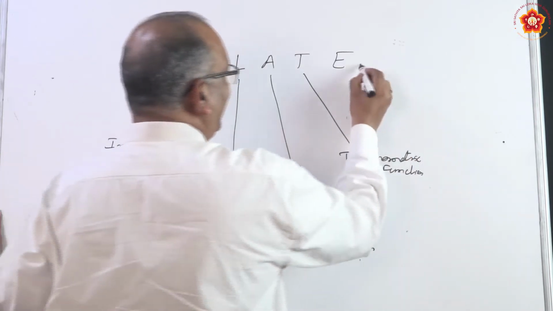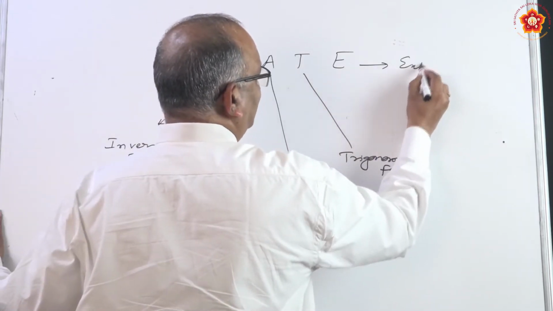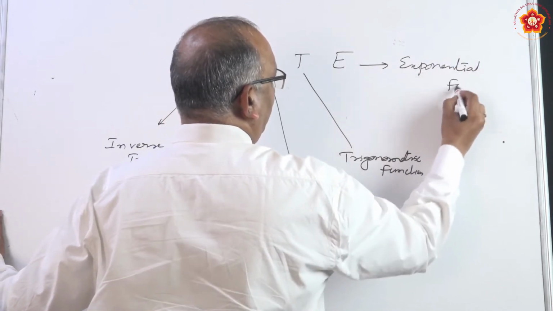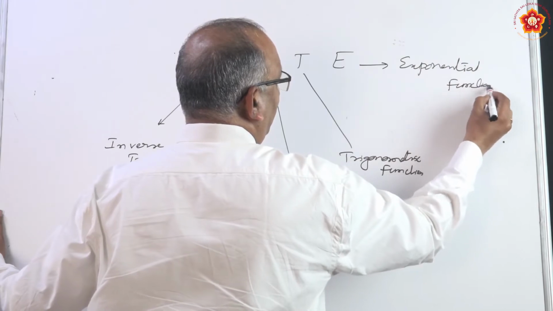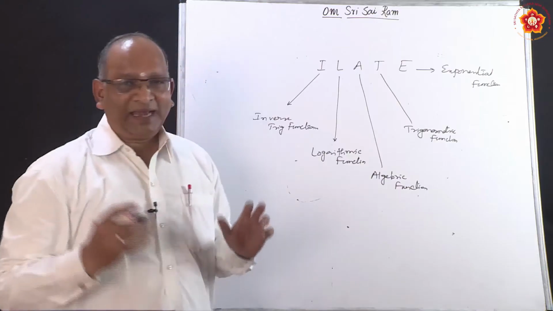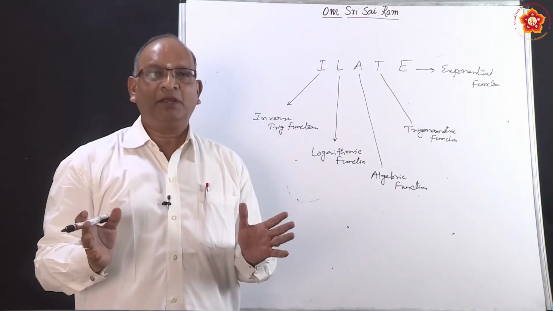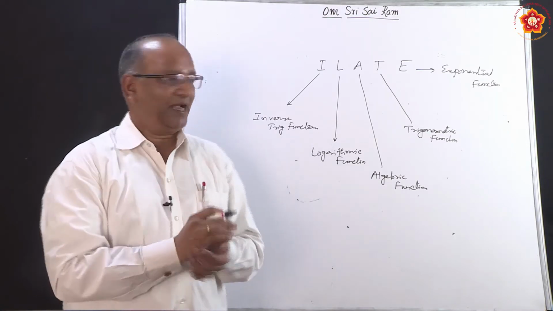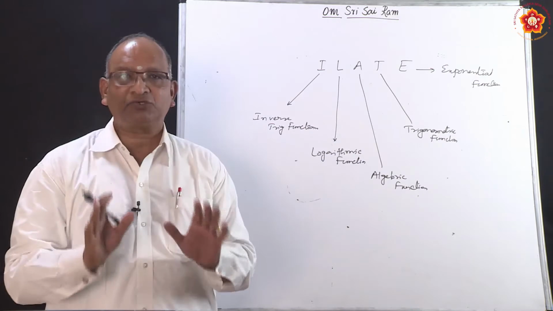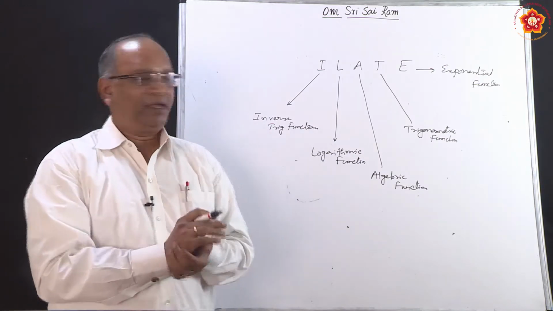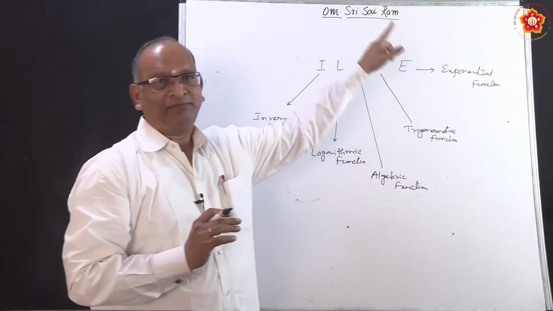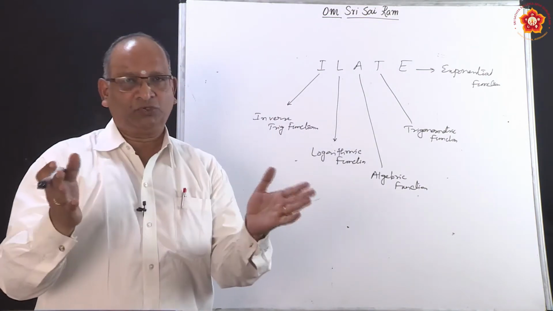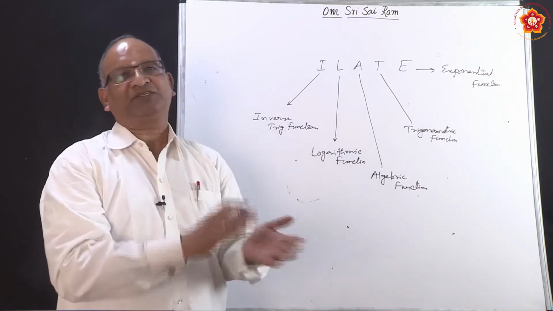And finally, E stands for exponential functions. We are learning how to find the integral of a product of two functions, and this formula helps us to choose the first function. In this particular order, whichever function comes first among the two, that becomes the first function.